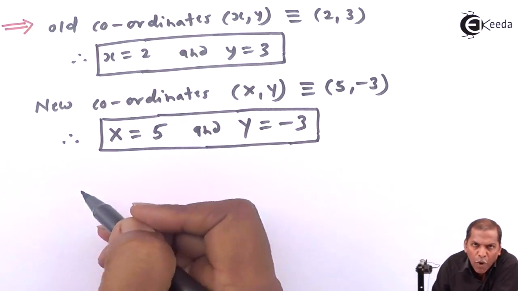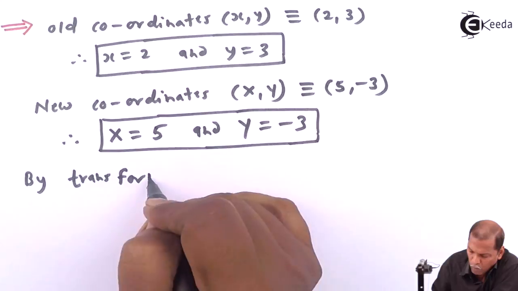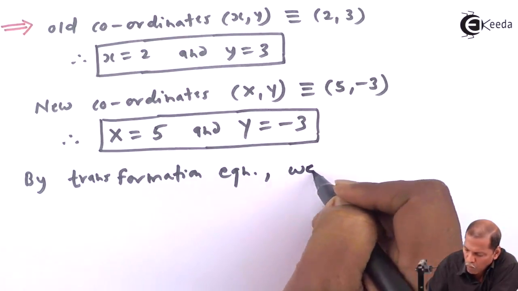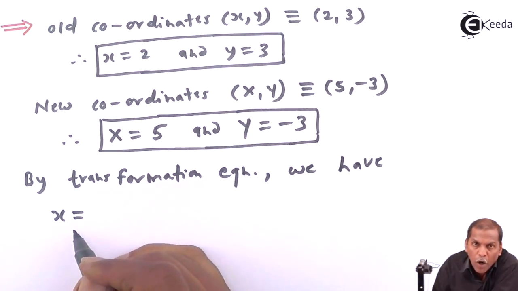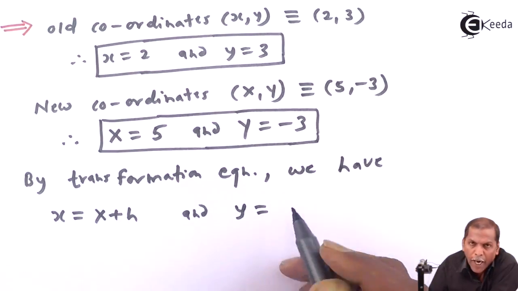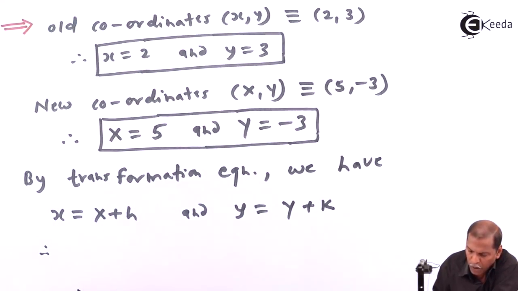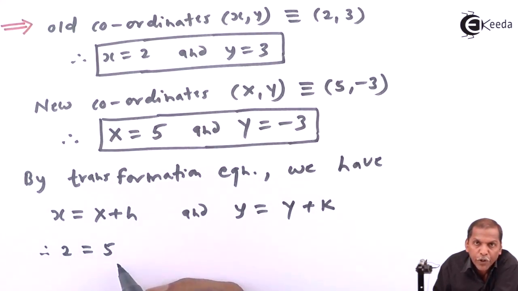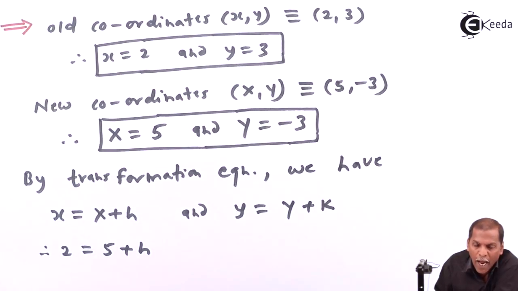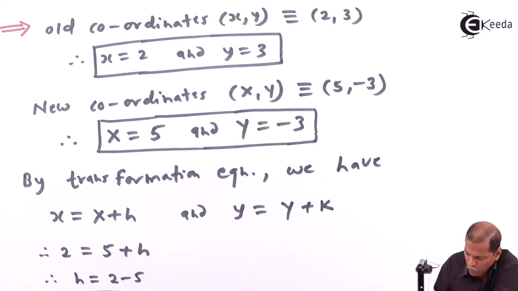So by using the transformation equations we have small x is equal to capital X plus H, and small y is equal to capital Y plus K. Therefore, for small x we substitute 2, and for capital X we substitute 5, plus H we write as it is, and from that we get H is equal to 2 minus 5, and finally H is equal to -3.